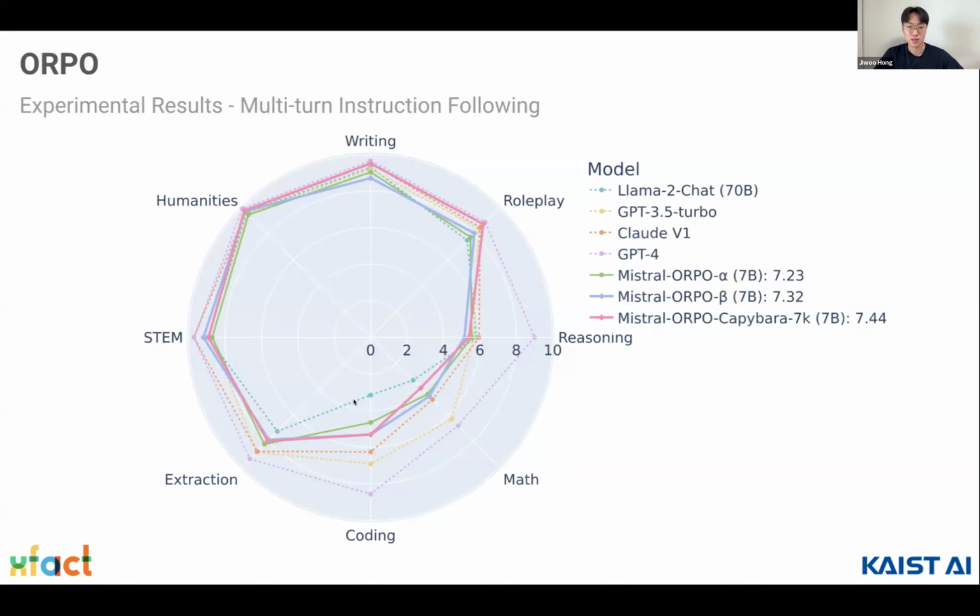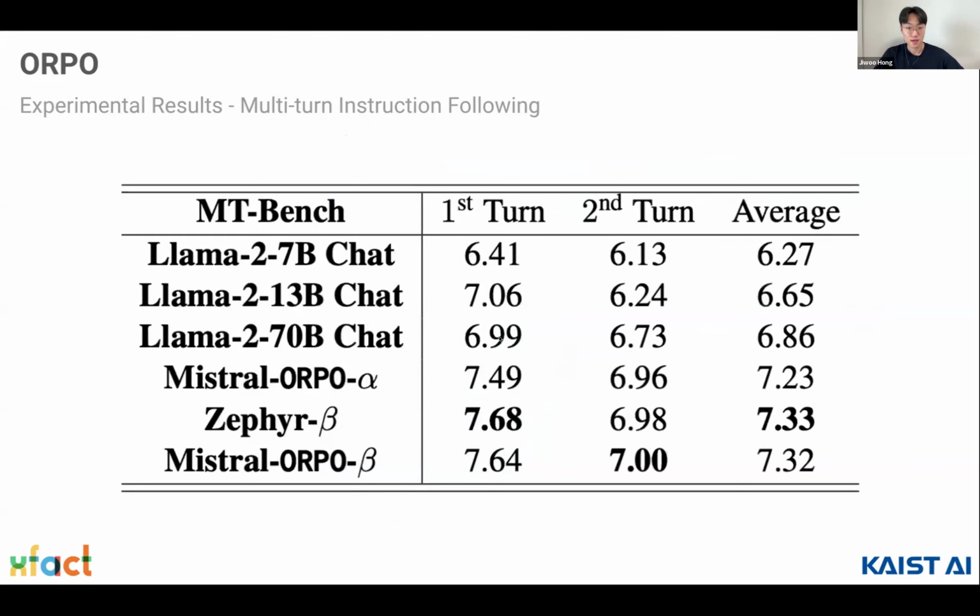And as you can see, it is kind of achieving higher scores than the Llama 2 chat, which is a 70 billion model. And yeah, if we make a direct comparison to the Zephyr Beta, Mistral ORPO Beta is kind of really close, but we can think that the Zephyr Beta is using 5 times more training data, including the SFT data.